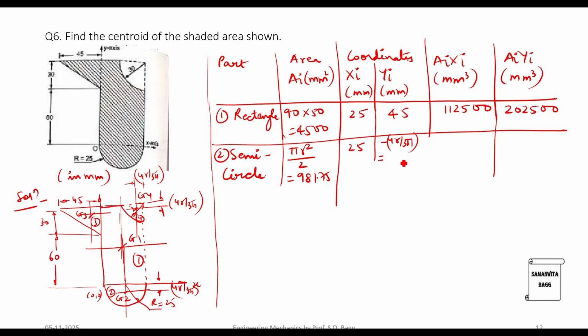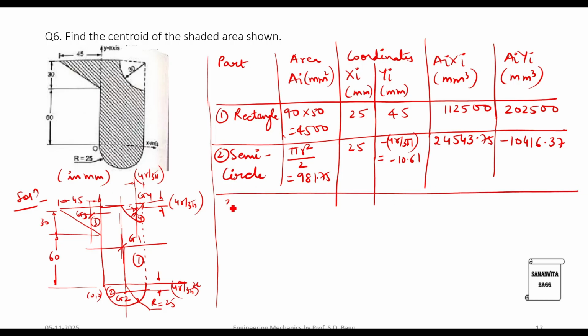This value is minus 10.61. Ai xi, when I multiply, I get 24543.75, and Ai yi is minus 10416.37.